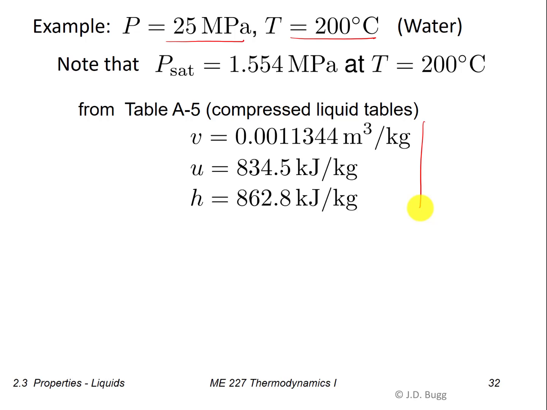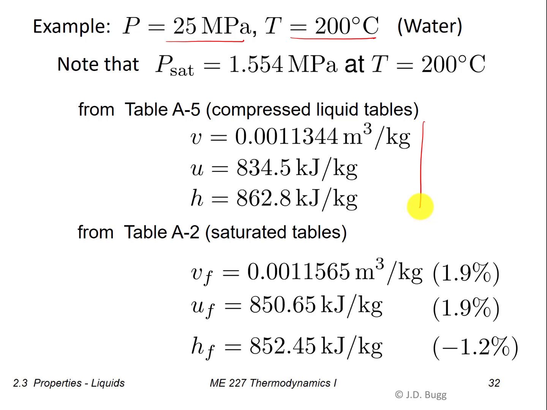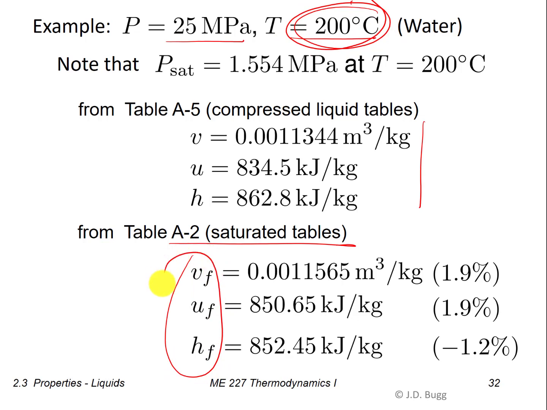So those are certainly the most accurate values that we have available. However, if we were to go instead to table A2, which is a saturation table, the temperature table, and look at 200 degrees C and look up the values of vf, uf, and hf, we would find that they are very close to these compressed liquid values.